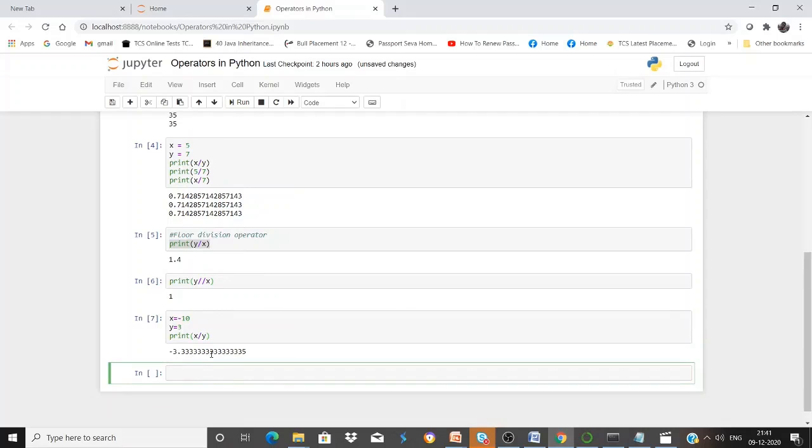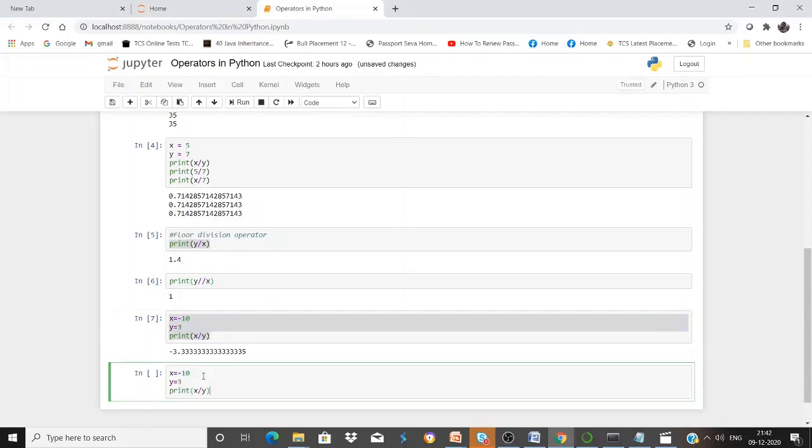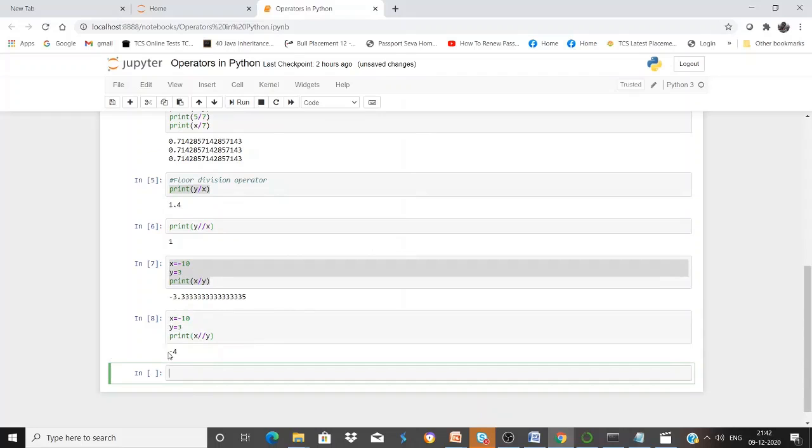In this case, what do you think should be the result of the float division operator? Let's apply it and run the cell, and we get -4.